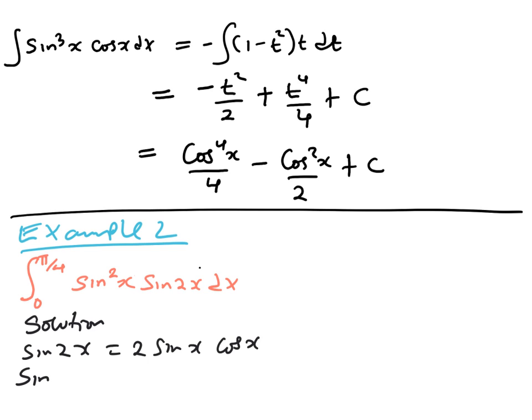So if you have sine squared x multiplying by sine 2x, then this is as good as writing 2 sine cubed x, then cos of x. And then we go ahead and integrate this.